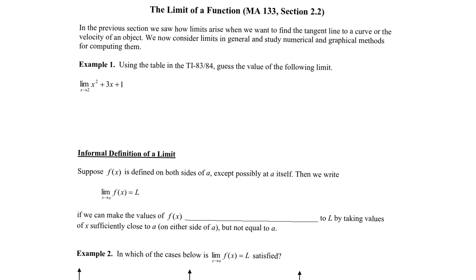So go on each side of 2. So we'll approach 2 from numbers less than 2, like 1.5, 1.9, 1.99, 1.999. And also we'll come in from numbers above 2. So like 2.5, 2.1, 2.01, 2.001, and so forth. And we'll see what happens and see if we can guess the value of this limit.